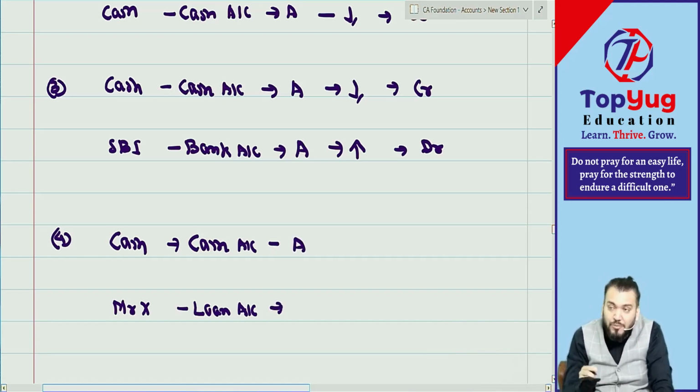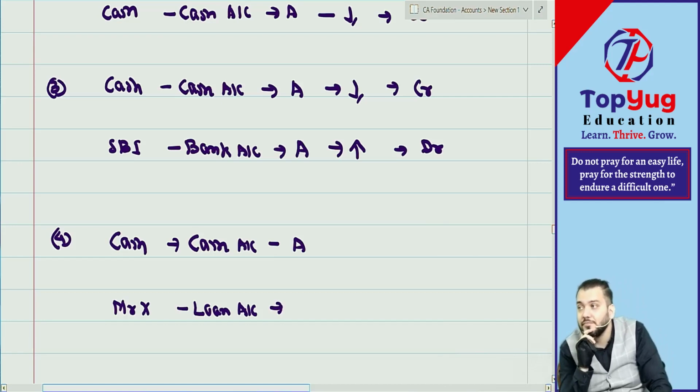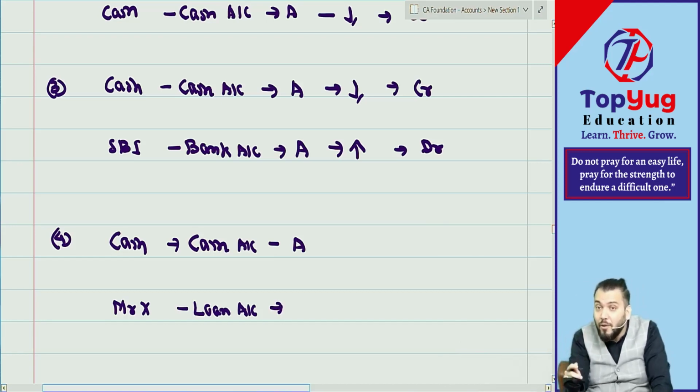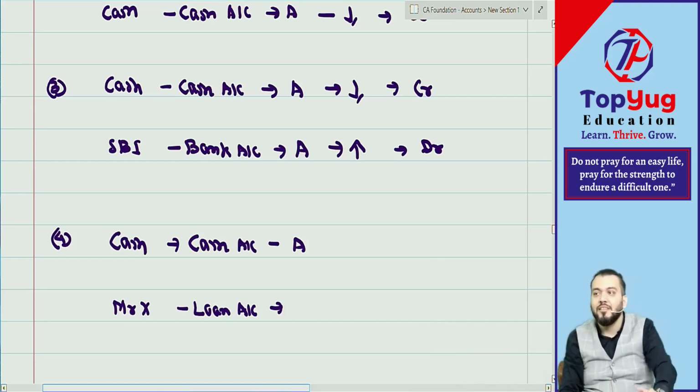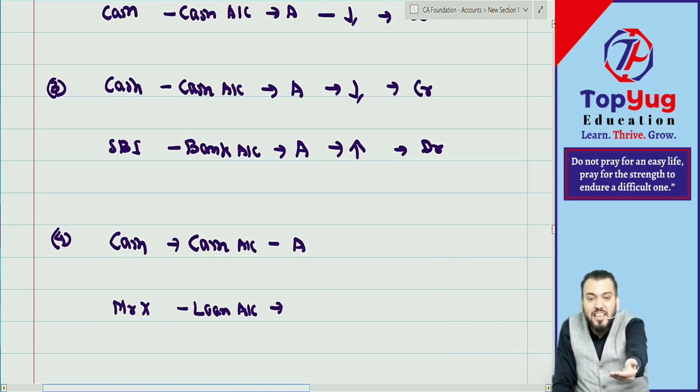This loan to Mr. X is what? Liability, very good. Because it is an amount given to Mr. X. Correct, but is it a liability or an asset? No, no, no. When I said good, it means it is not correct. One second. You have given some amount to Mr. X. Is this amount receivable or payable?